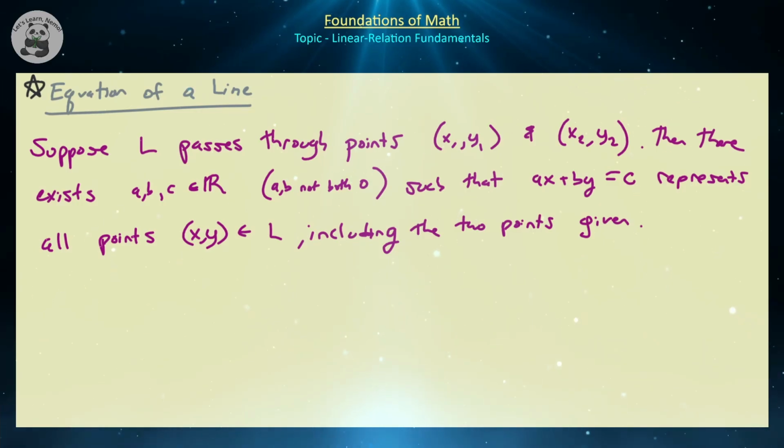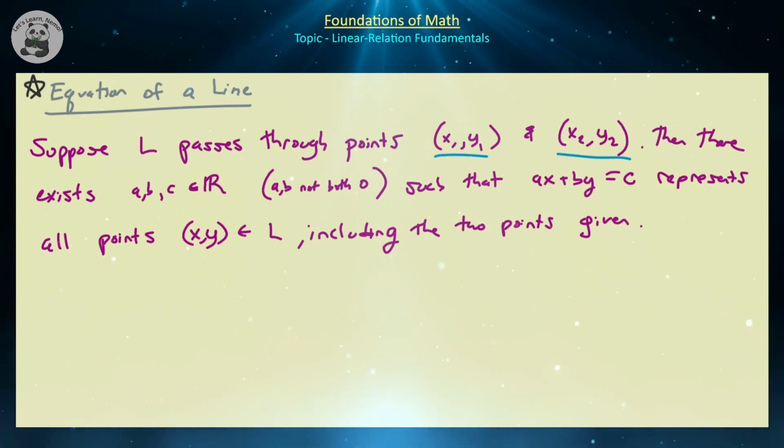Now that we know how to do a couple basic calculations on linear relations, let us see if we can quantify linear relations in a set theoretic manner. In particular, can we find the equation of a line which all points on that line satisfy? So consider the following statement. Suppose that L passes through points (x1, y1) and (x2, y2).